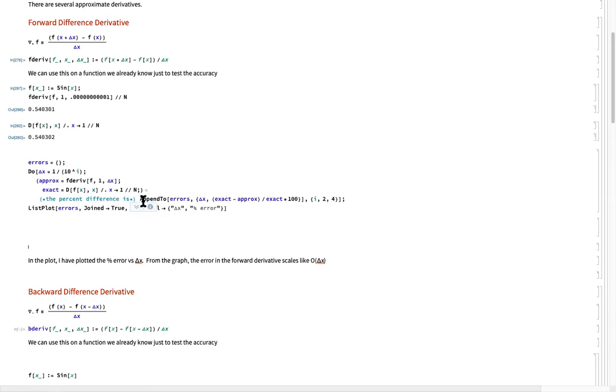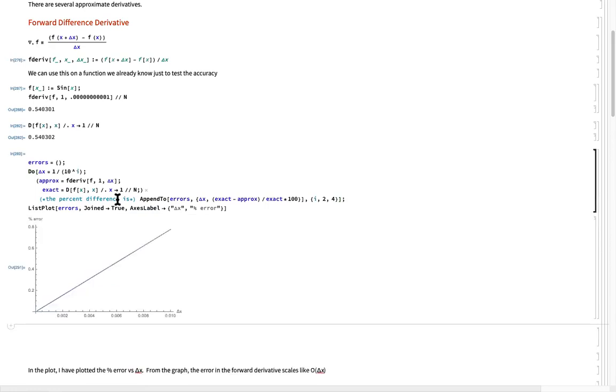Then I'm going to compute the percent error by subtracting the exact value minus the approximate value, divided by the exact value, times 100. And we're going to plot that for different delta x's. Now, as we go through this sequence of points, delta x is getting smaller and smaller. Just remember that. Okay, so then I make a graph.